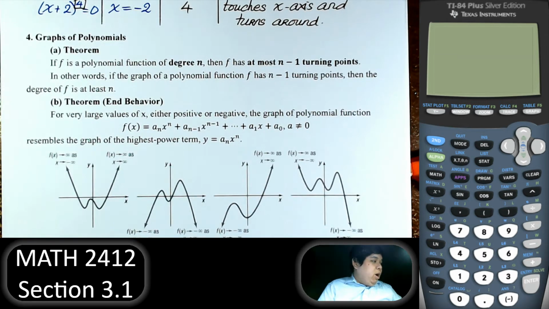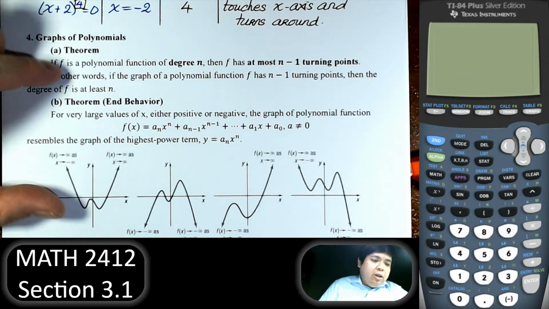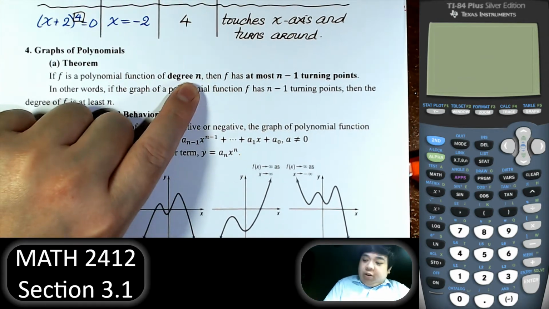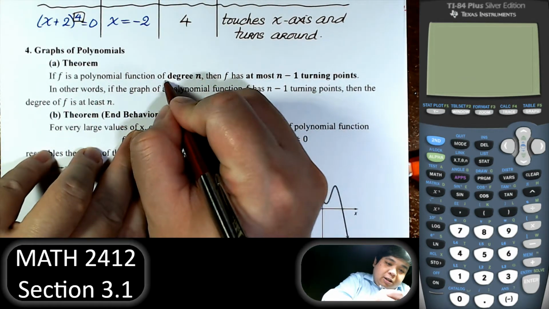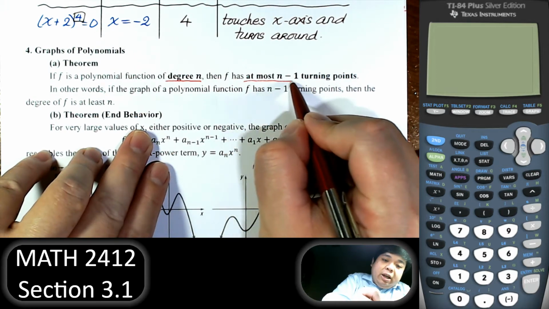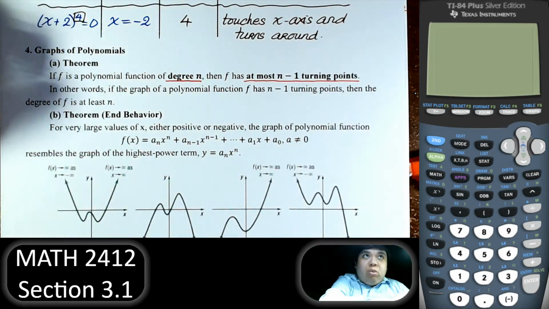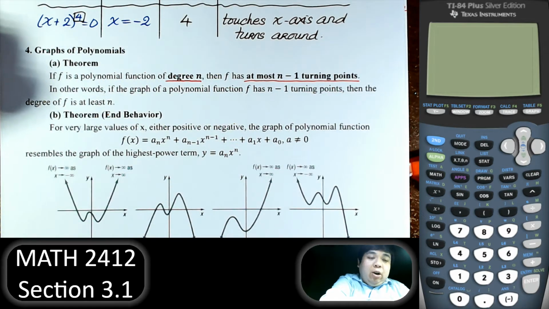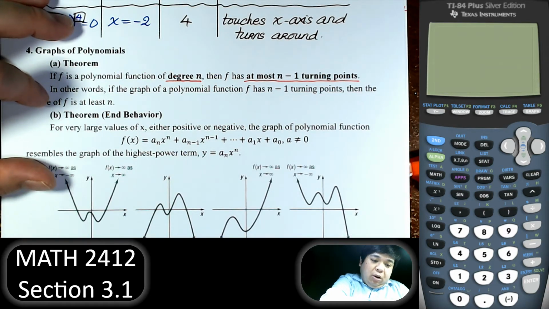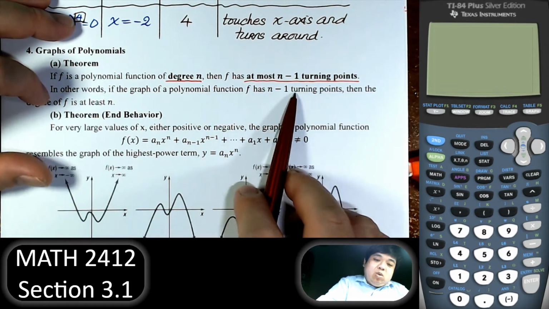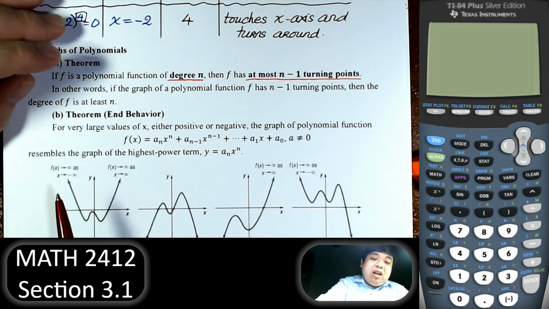Now more on the graphs of polynomials. For a graph of a polynomial of degree n, we have at most n minus 1 turning points. In other words, if a graph has n minus 1 turning points, then the degree is at least n.